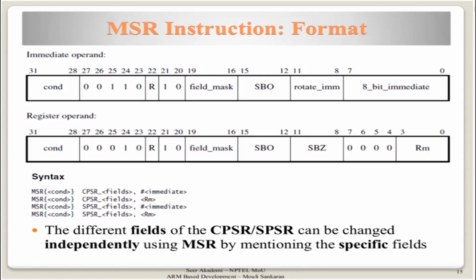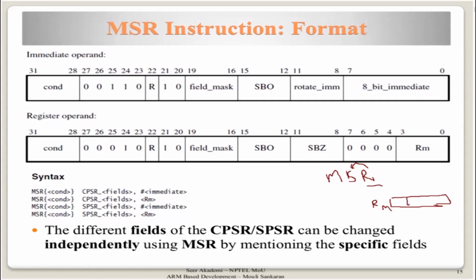Assume that you are using MSR. What does it mean? You are loading the particular register value into a status register. Okay, so a register may have a 32-bit value, correct? It is actually. So the register is having a 32-bit value, which is Rm.